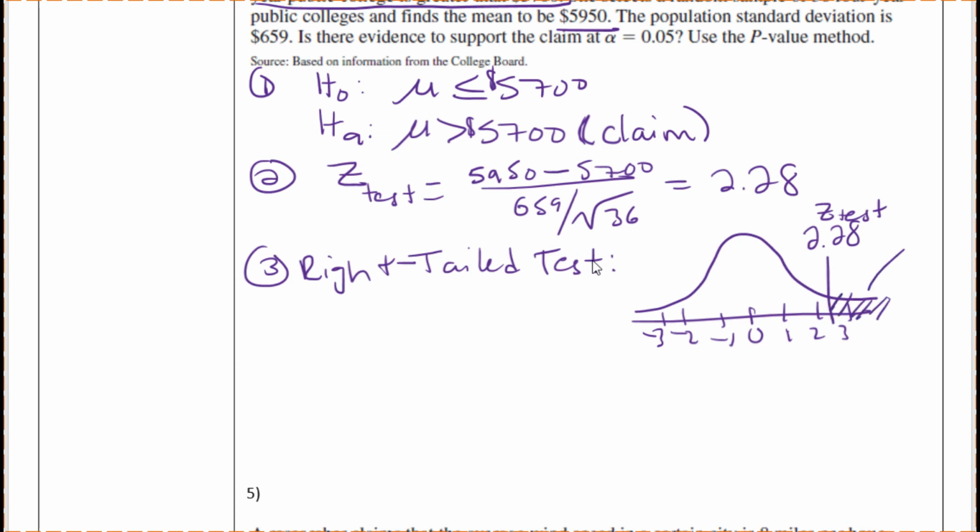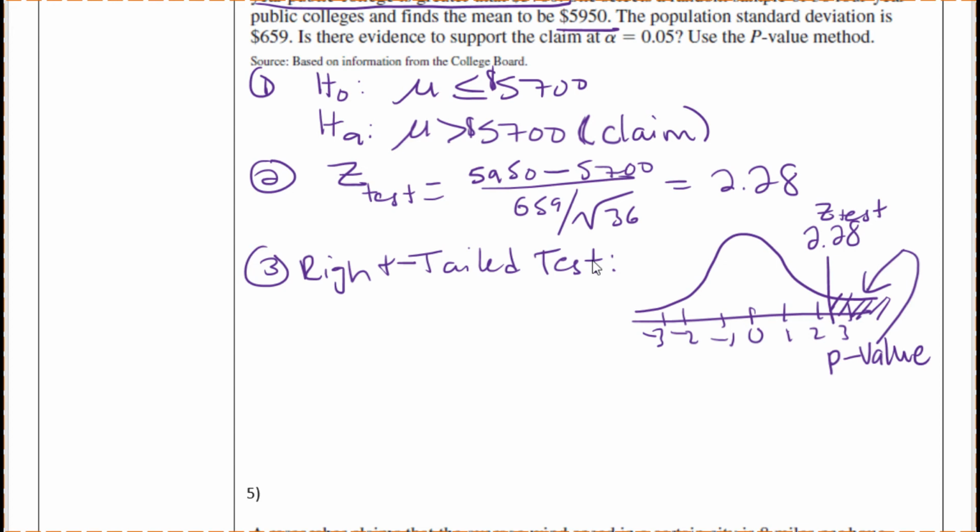This right here is my p-value, because we're doing a right-tailed test and we're looking at the area to the right of the test value. So the area for the test value is the p-value. Notice that this is not the rejection region. The rejection region is labeled whenever we find the critical value. We have not found the critical value here, so we're simply looking at the p-value.